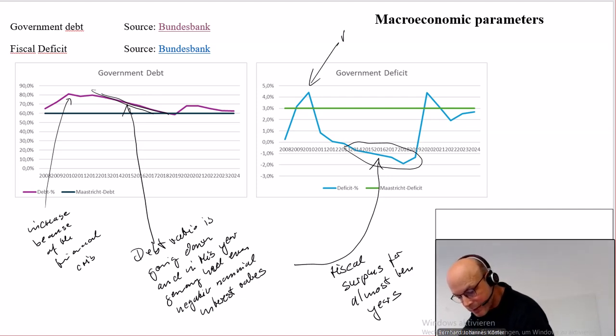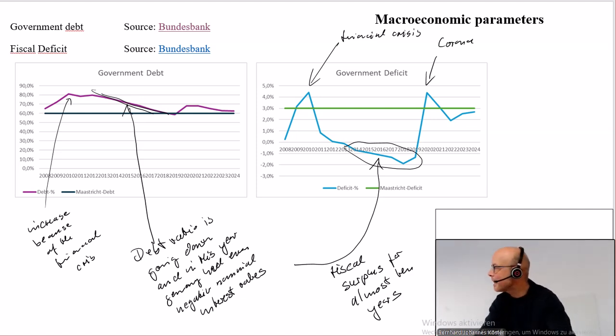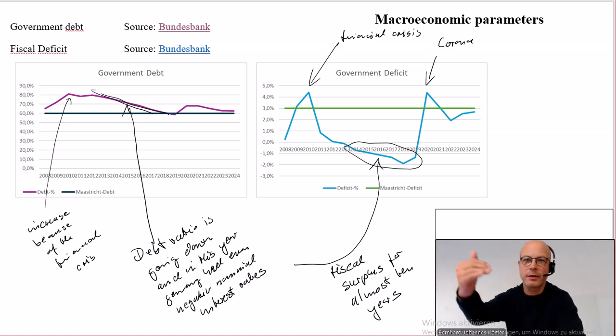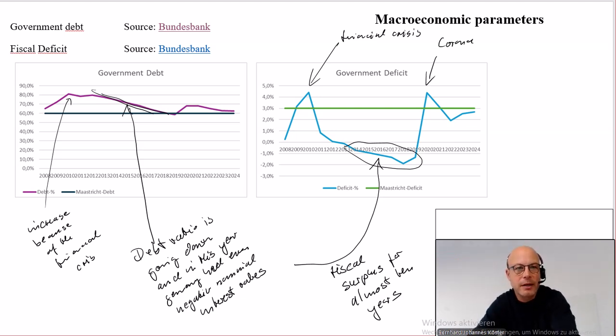So this was the financial crisis, and this is Corona. But then again, and this corresponds to the bad performance in the economy overall, for this flat development of economic growth, it is not a big surprise that within these times we have a quite large deficit during these years.